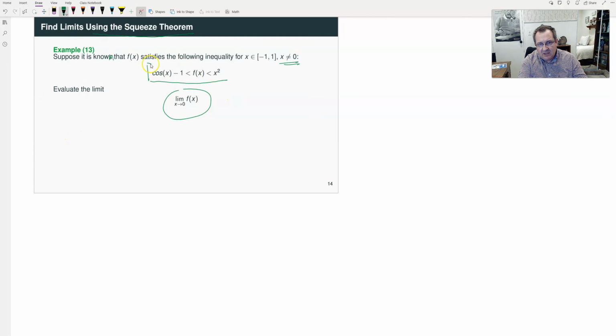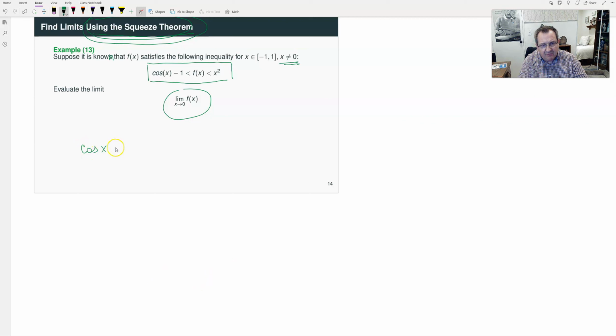When you see an inequality like that, when you have a function in the middle and there is another function on the left and another function on the right, that should ring a bell. Most likely, we are going to need the squeeze theorem, because the function on the left and the function on the right squeeze function f in the middle. Let's take a look. Let's start with the inequality.